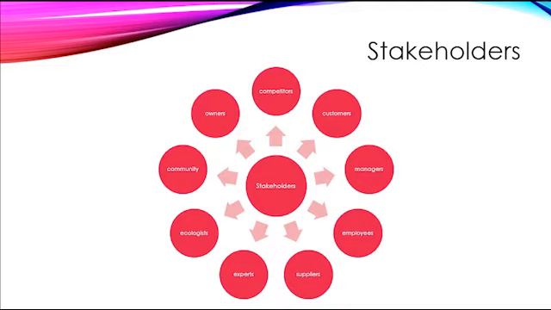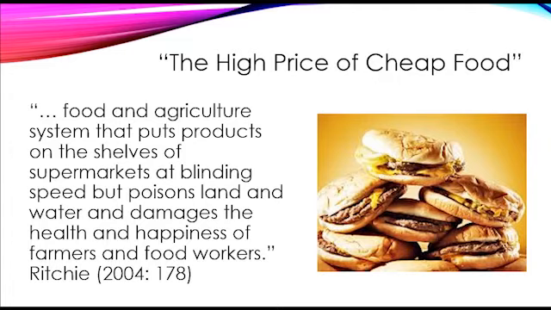When we take a more inclusive approach and we take into consideration the impact of innovations such as fast food, we may be able to avoid what Ritchie describes as the high price of cheap food. He discusses food and agriculture that puts products on the shelves of supermarkets at blinding speed, but poisons land and water and damages the health and happiness of farmers and food workers.